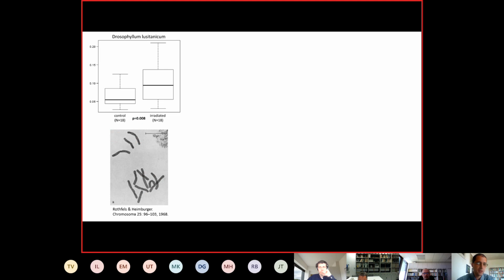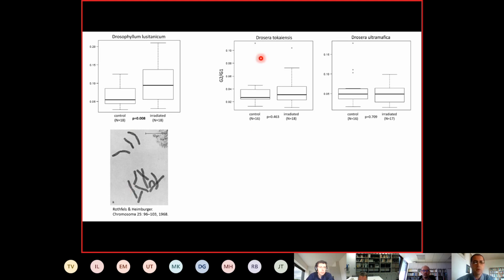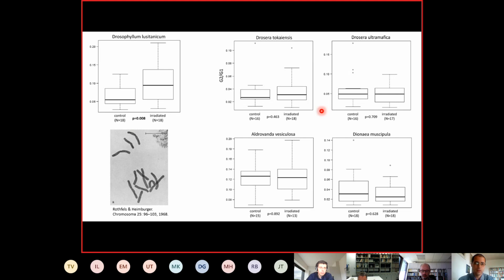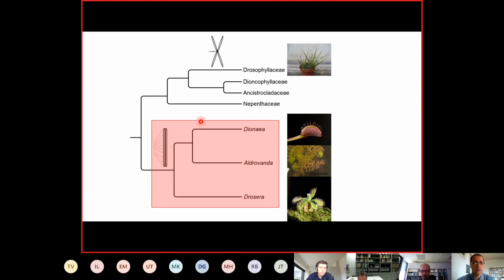It can be confirmed by direct observation because this species has very large chromosomes and the primary constriction is quite clearly visible. On the other hand, both species of Drosera were detected to be holokinetic, as well as Aldrovanda vesiculosa and even Dionaea muscipula. As a result, we can say that holokinetism is an apomorphy of the whole family Droseraceae.